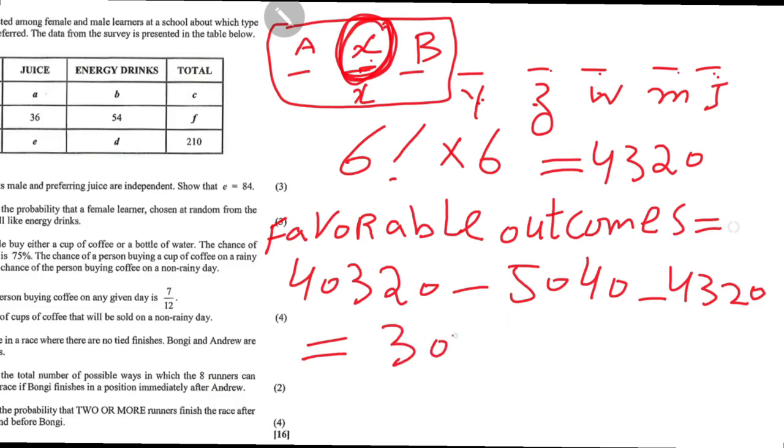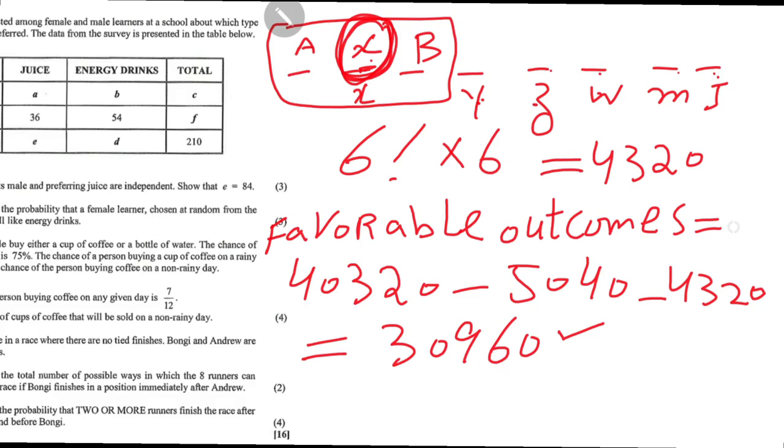The answer is 30,960. So from the total outcomes, 8 factorial, I subtract the outcomes with n equal to 0 and n equal to 1, and now we're left with n equal to or greater than 2.